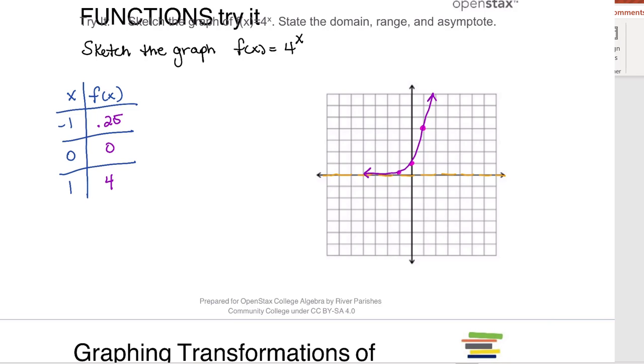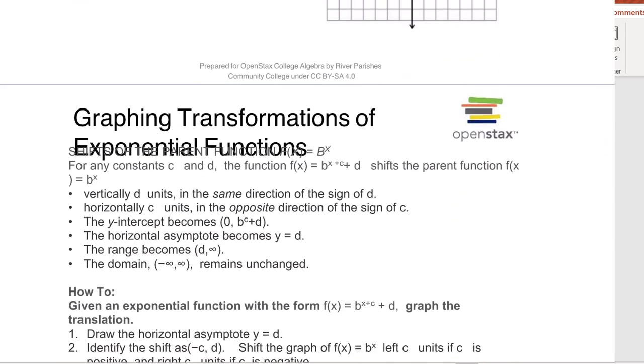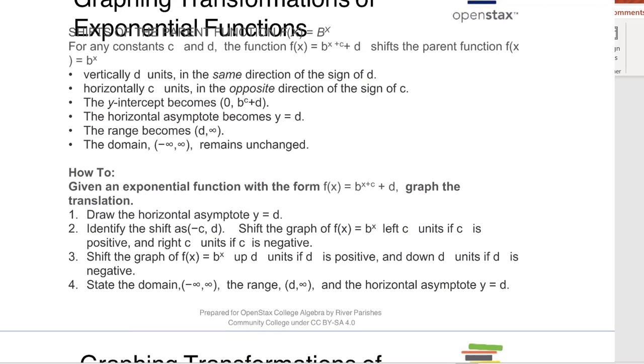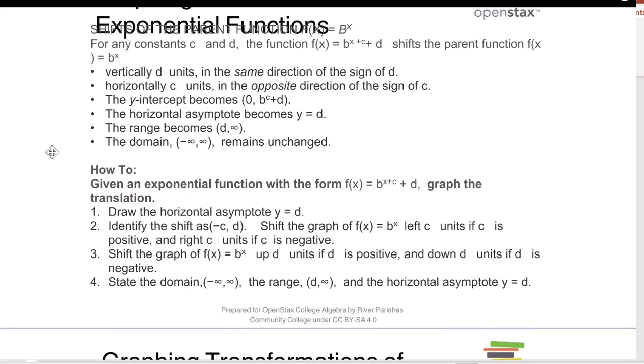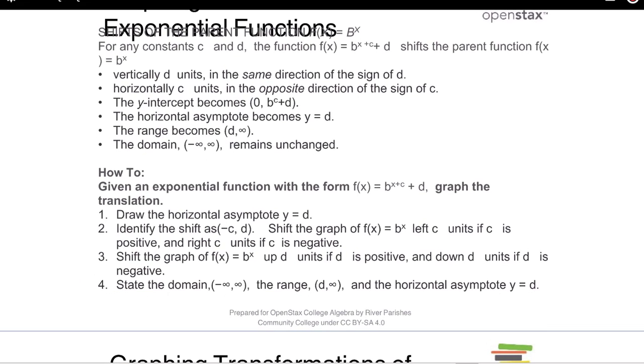Alright, and that's all you have to do to graph it. Desmos is our friend. So the OpenStax really likes to go into using transformations. Now, I'm not going to make you use that method. Obviously, you can use Desmos to help you find your points.